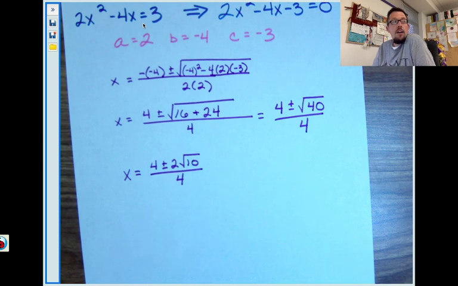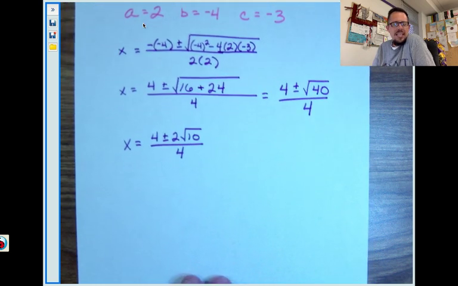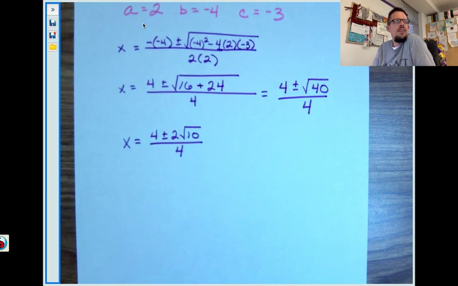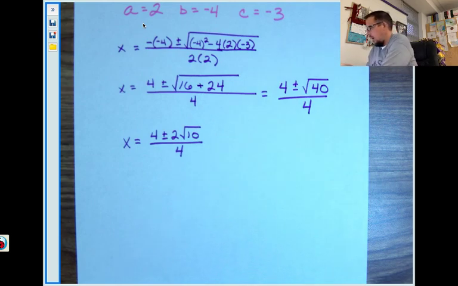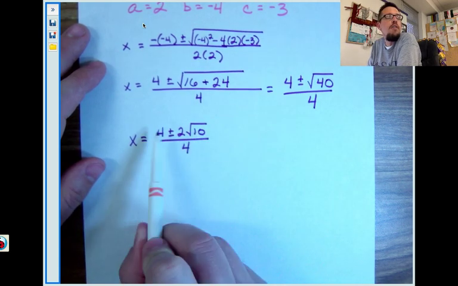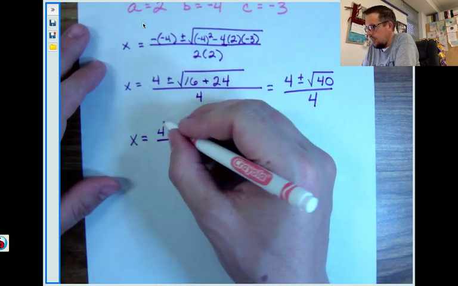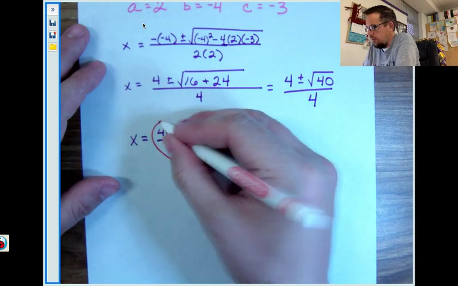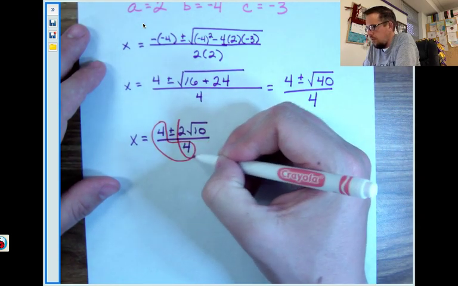I don't have to rationalize because the denominator isn't a square root. But there is actually some reducing that I can do here, believe it or not. Since there's a plus minus, I can only reduce if I can do it in both of these, and I can. 4 over 4 will reduce, and 2 over 4 will reduce.